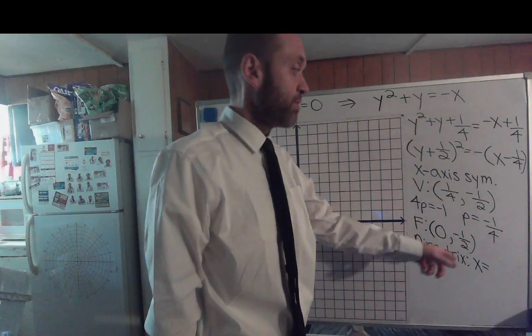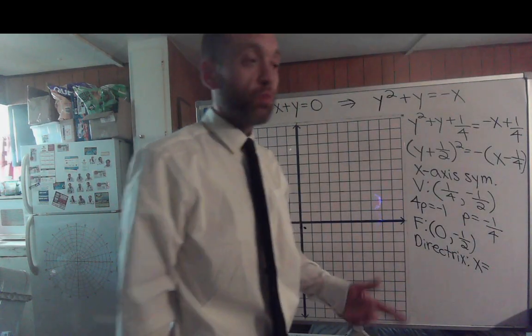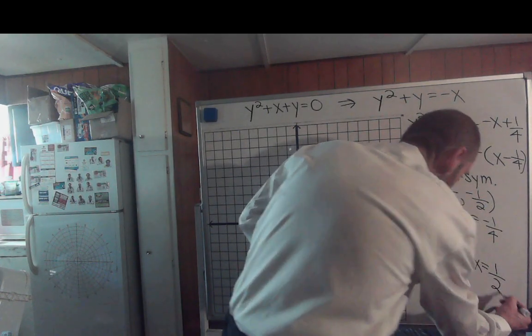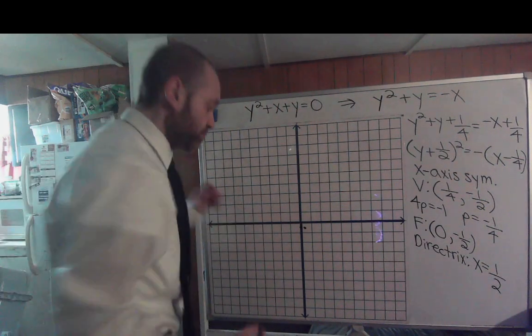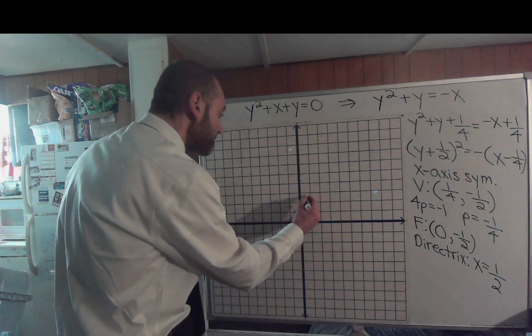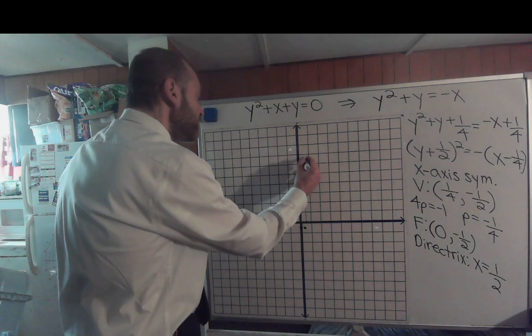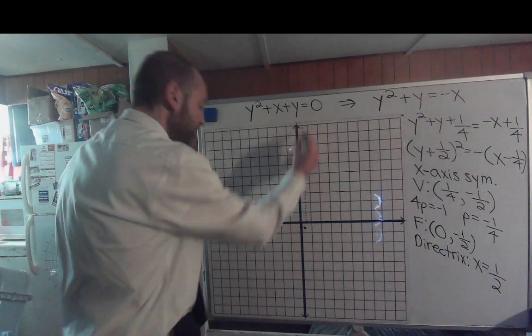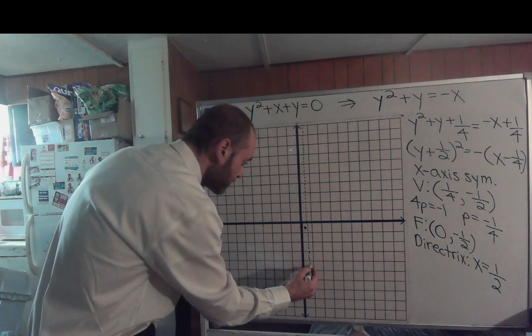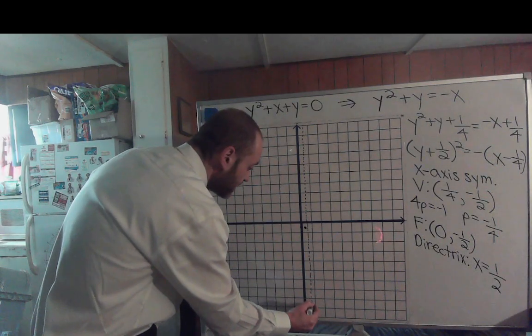So 1/4 minus negative 1/4, that's 1/4 plus 1/4, or 1/2. So the directrix will be the line x equals positive 1/2, which would put me about right there. So we have a very tight-knit directrix, focus, and vertex all in close proximity to one another. And again, you'll have that sometimes.